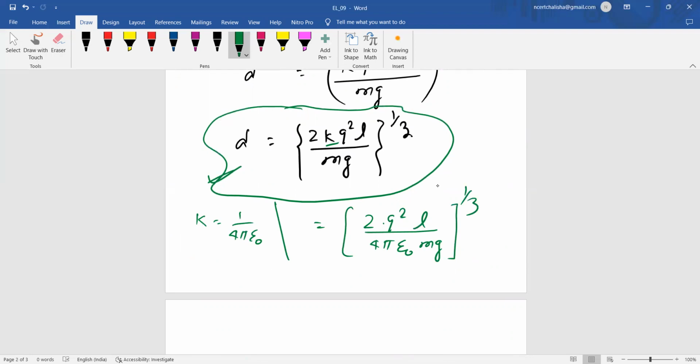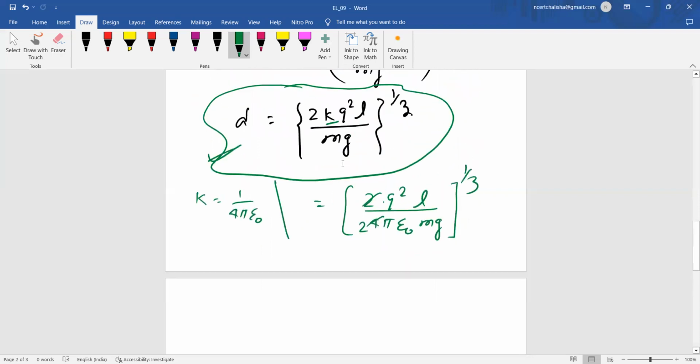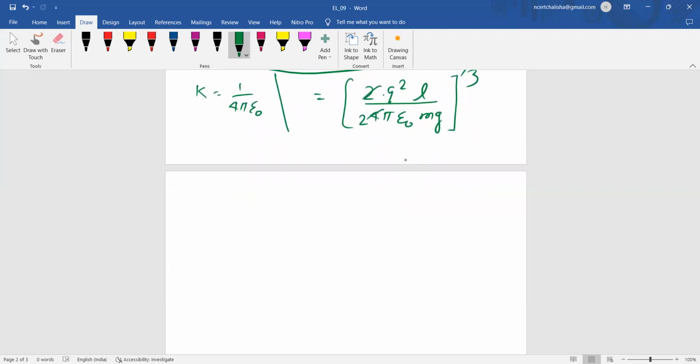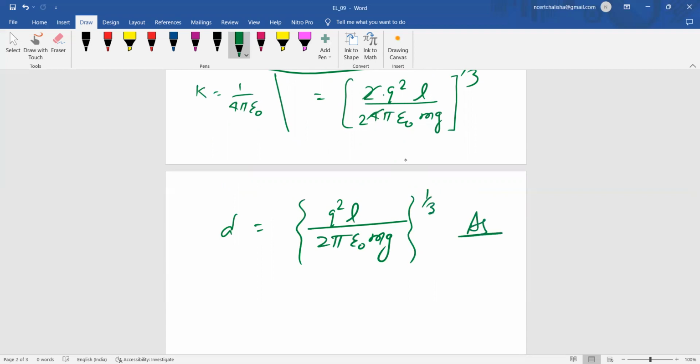So once you see here, this 2 gets cancelled out, leaving 2 pi, and the q square by L. So finally, d we are getting here, it will be q square L divided by 2 pi epsilon naught mg to the power 1 by 3. So this will be the final result.